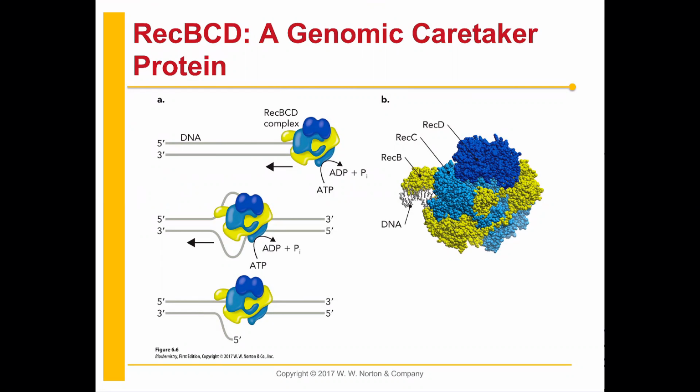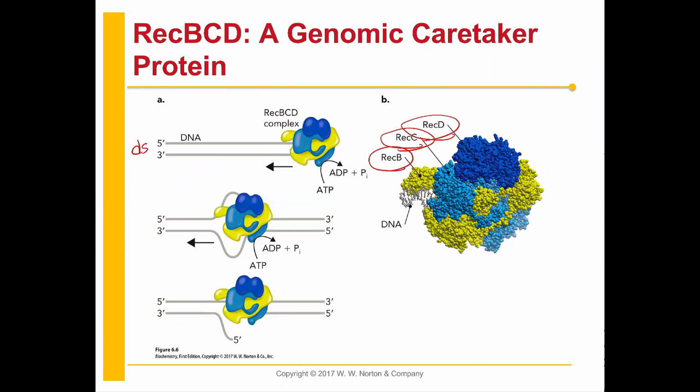These are very well characterized in E. coli, right? And so there's a heterotrimer, meaning that we have 1, 2, 3 different pieces, the BCD subunits, that come together. These parts assemble into this complex. They bind to double-stranded DNA. So you see this is double-stranded, right?